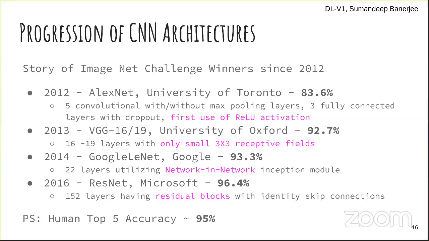Before 2012, the ImageNet challenge. ImageNet is a long-running competition consisting of many challenges. One of the challenges is the image classification category, and the problem is basically, given an input image, the correct class has to be within the top 5.